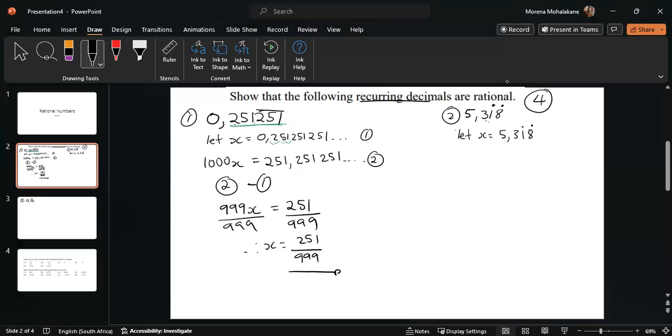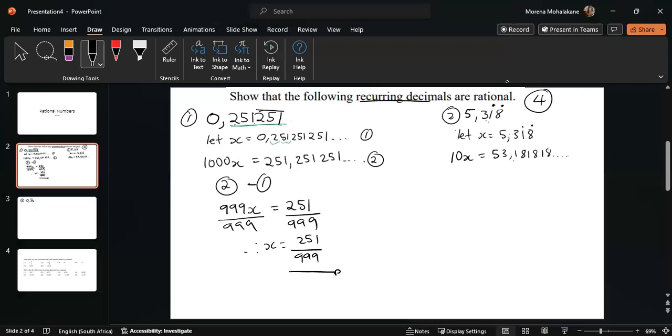So I want to have only the recurring decimals after the comma. To get past the 3, I can multiply by 10, so 10x is going to be 53.1818, continuing. However, I cannot subtract these two, because if I do, this will not be eliminated because of this 3 here.